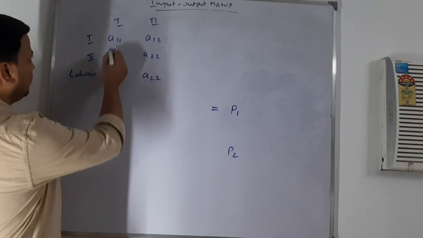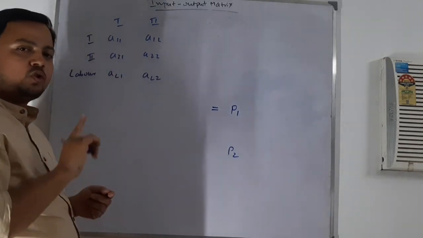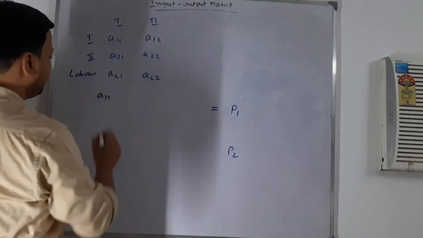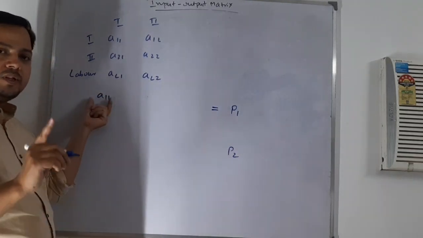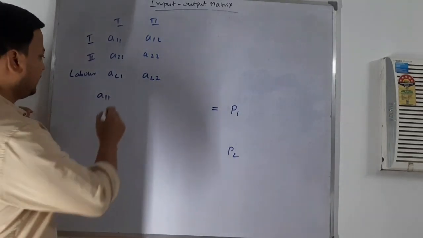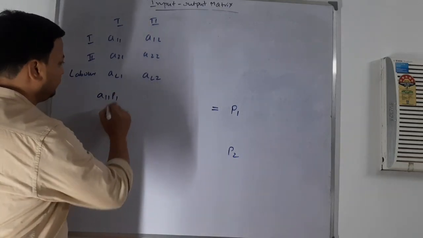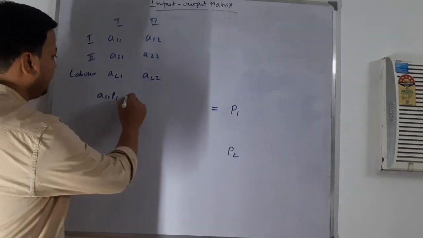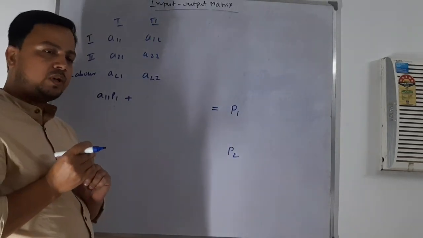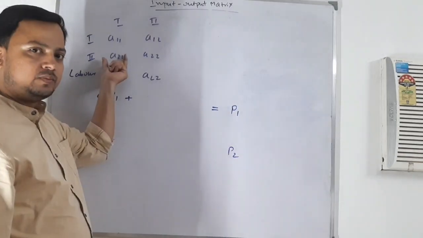This is the unit requirement of industry 1 output in order to produce 1 unit of industry 1 output. A11 represents the unit requirement of industry 1 output in order to produce 1 unit of output of industry 1, and the price of industry 1 we have taken to be P1. Then in order to produce 1 unit of output of industry 1, I require certain output of industry 2 also, right?